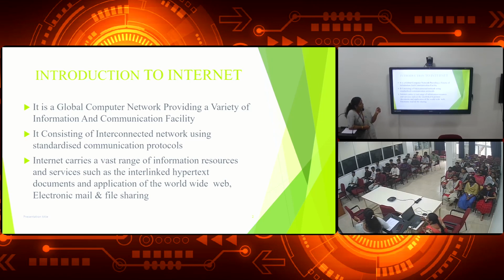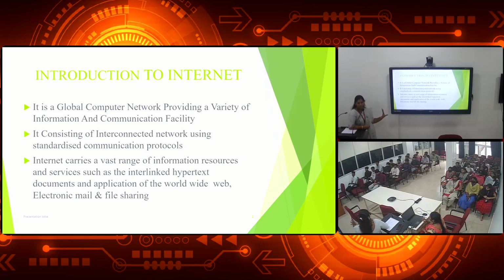Then the third one, the internet carries a vast range of information resources and services such as interlinked hypertext. So vast means a very big area, and there we can fetch any kind of information. What you will mainly do is surf, searching for something, and do email or file sharing.